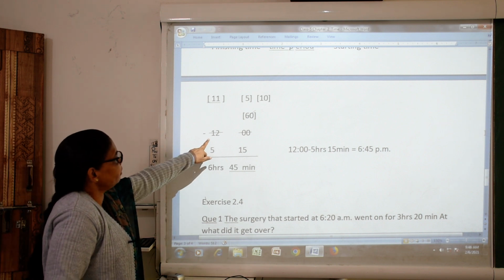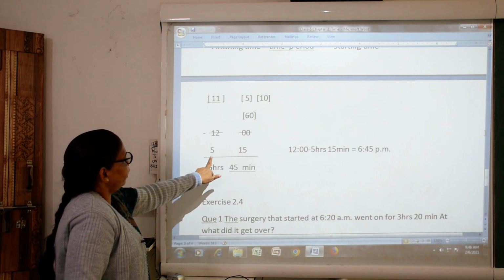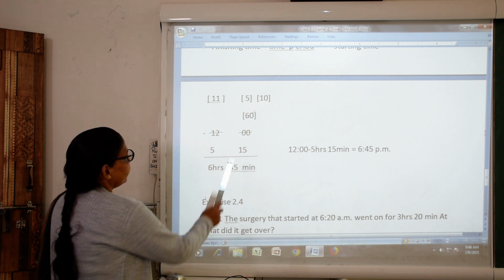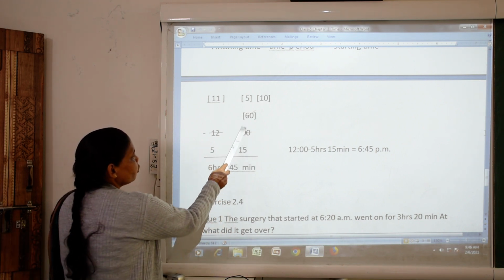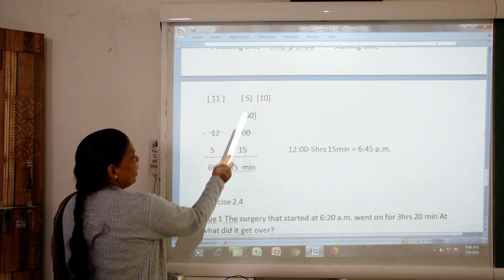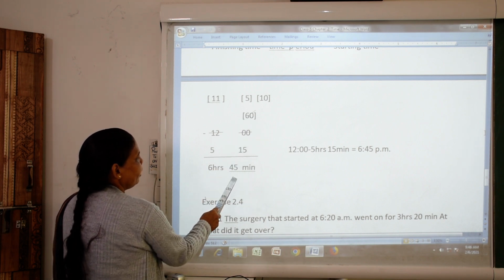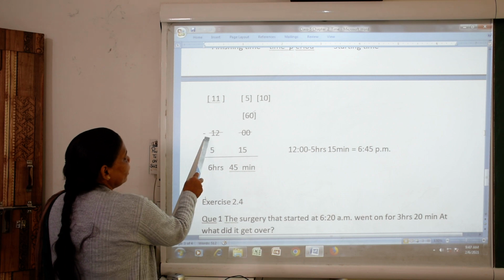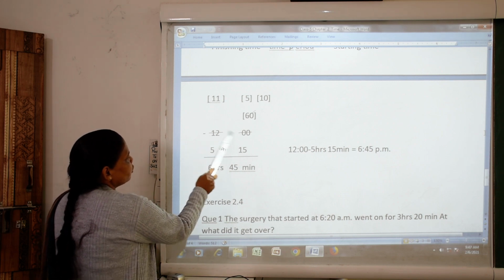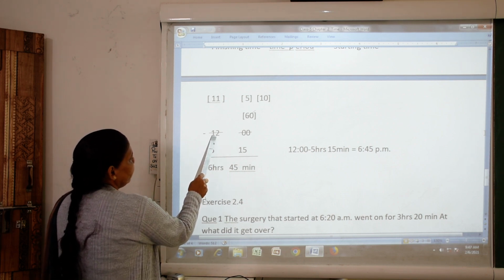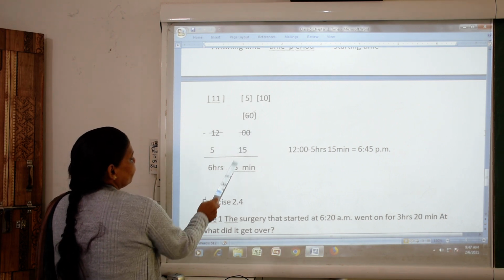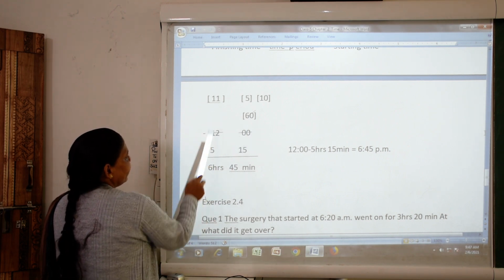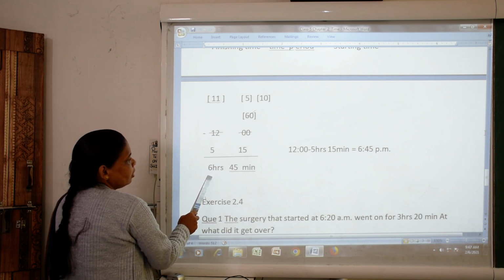Midnight means 12 at night, and 5 hours time taken. Then how do you minus it? Minutes are not given here, so we take 60 minus 15, you will get 45 minutes, and 1 hour we give from 12, so it becomes 11. So 60 minus 15 is equal to 45 and 11 minus 5 you will get 6 hours.